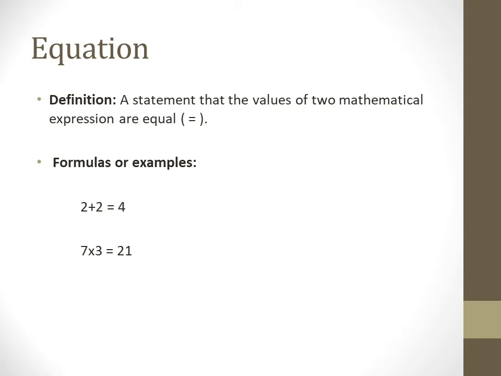Okay, both sides of that equal sign are equal. 47 equals 90 minus 43. 10 equals 100 divided by 10. All right? Both sides of that equation are equal. The values are equal.